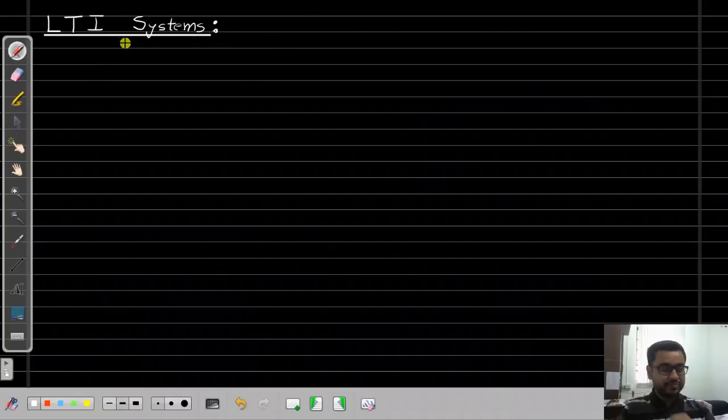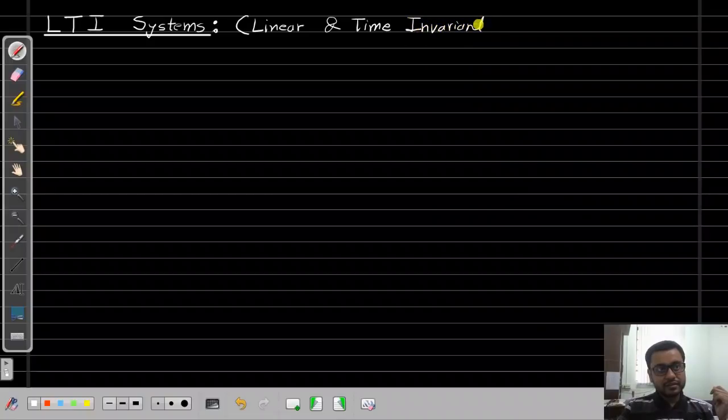That easy group or class of systems is known as LTI systems. These are the less tough items for us. LTI stands for linear and time invariant systems. In short, LTI.